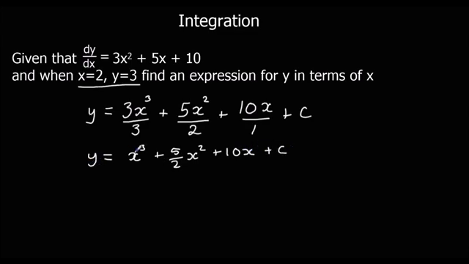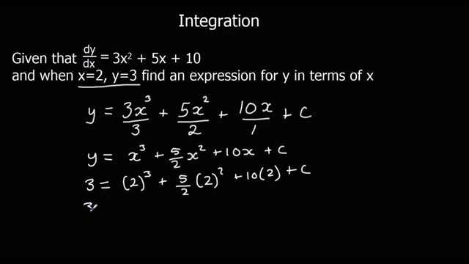So I've integrated it, and now I'm going to substitute in my 2 and 3 to find out what c is. So I'm going to substitute 3 in for y and 2 in for all of the x's. I'm just putting brackets and substituting the 2 in.